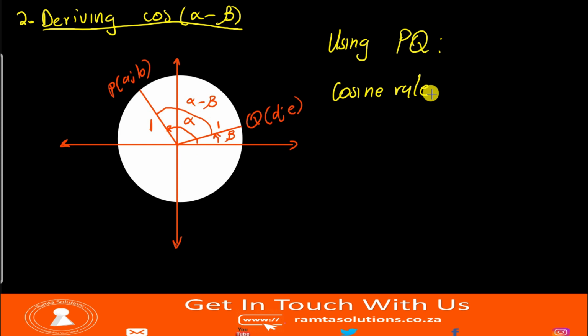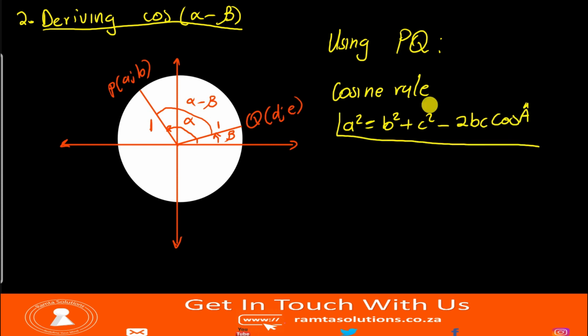From the cosine rule, we know, remember guys, we have this angle here, and we're looking for PQ. What does the cosine rule say? It says a squared equals b squared plus c squared minus 2bc cos angle A, right?